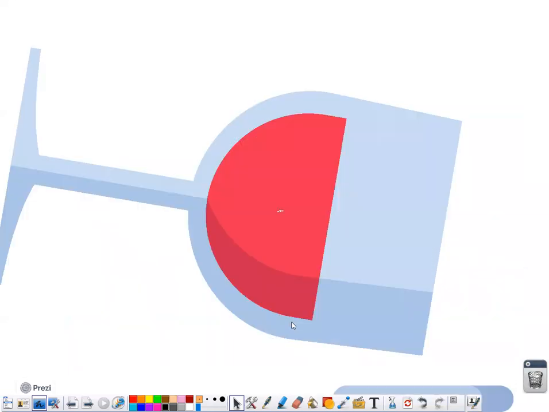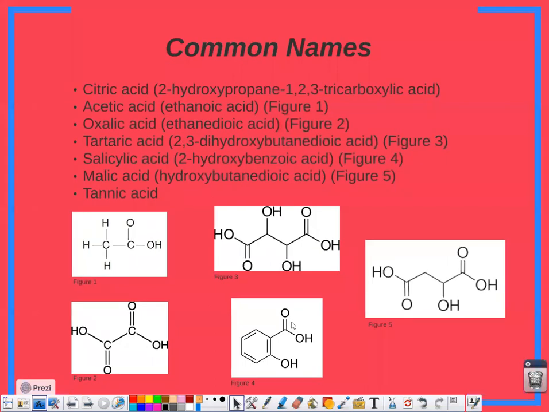And common names are very important. Here are the common names for some carboxylic acids: citric acid, acetic acid, oxalic acid, salicylic acid, and malic acid found in apple.